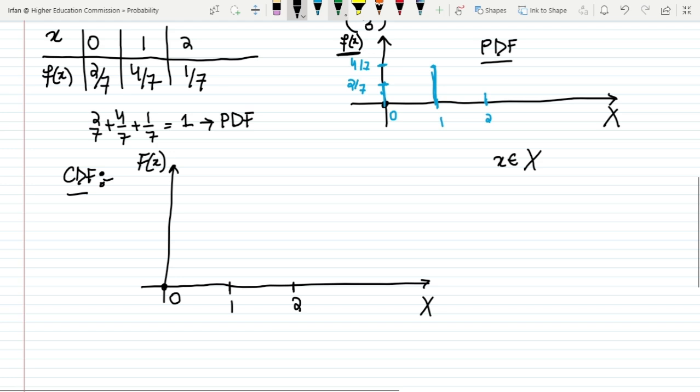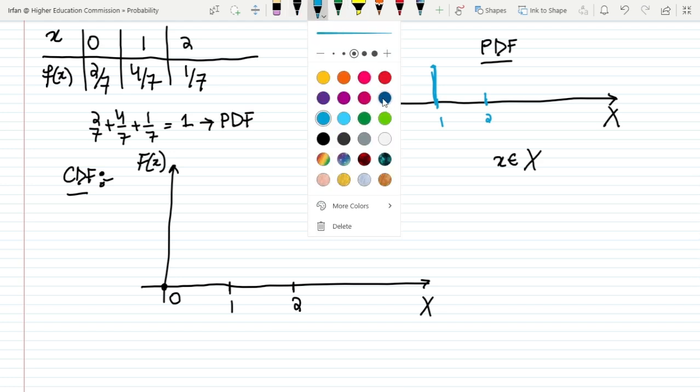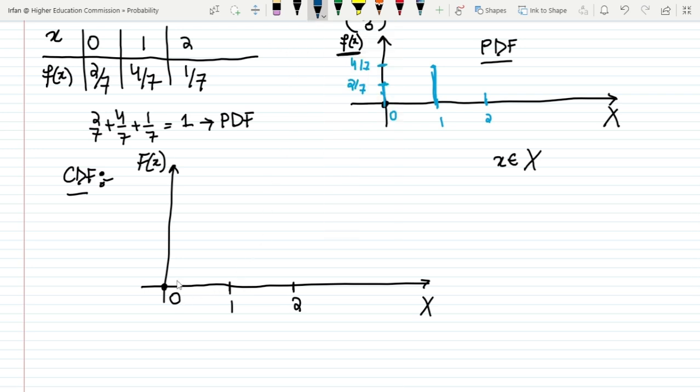Let me draw them here, using the color blue. Let me first draw it for 0, and for 0 it is 2 by 7.